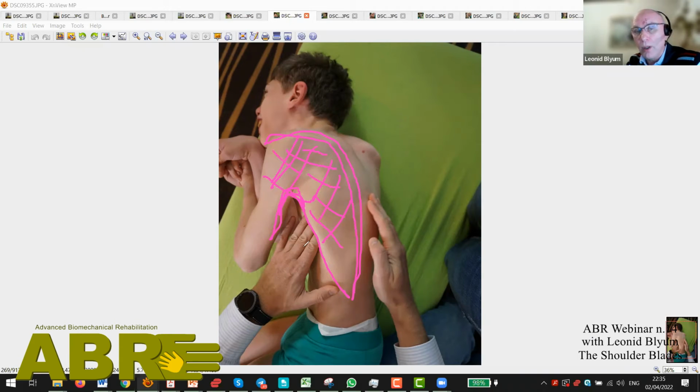So this boy, he doesn't have the kite. He doesn't have the actual kite, which belongs to the deeper dorsal thing. He doesn't have it. So he only has the wings. So that's why, what is he doing?